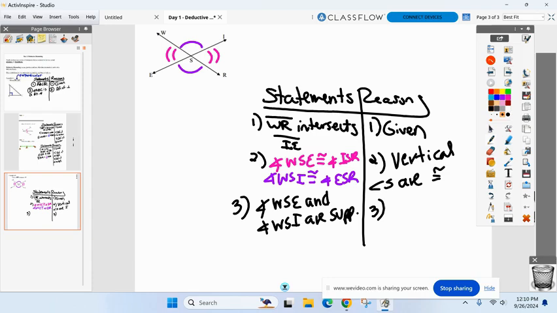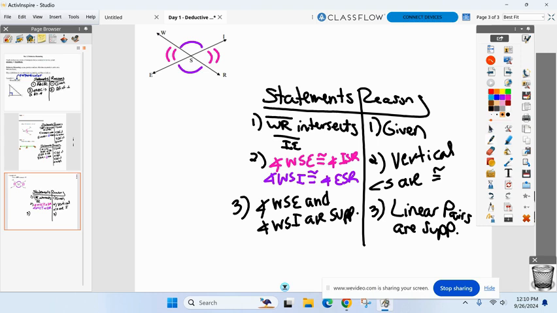I know those angles are supplementary. We had another name for them. They were right next to each other. Adjacent. And they formed a straight line. Linear pairs. Okay, we had it said linear pairs are supplementary. That's the reason here. Linear pairs are supplementary.